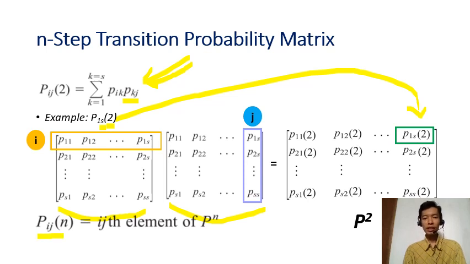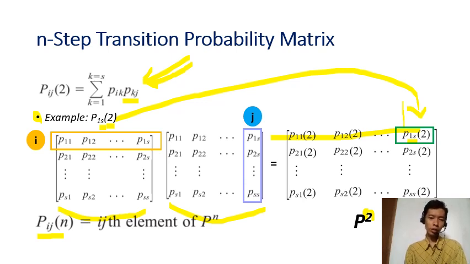So you just check the ijth element of P to the power of 2, because we are looking at 2-step transition probability matrix. Okay, so let me recap. We're interested at PIS in 2-step. So what you do is you multiply P and P again, and then you look at the element of row 1 and the column S.